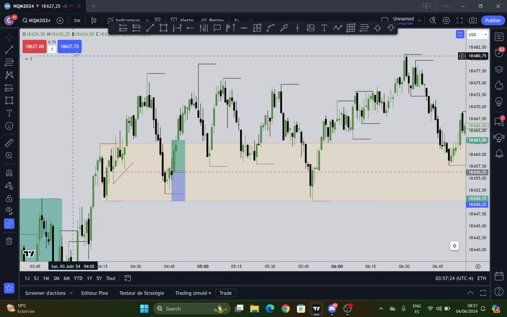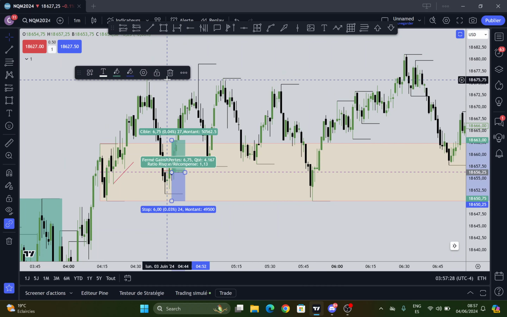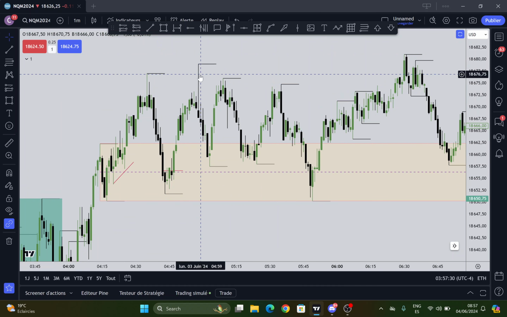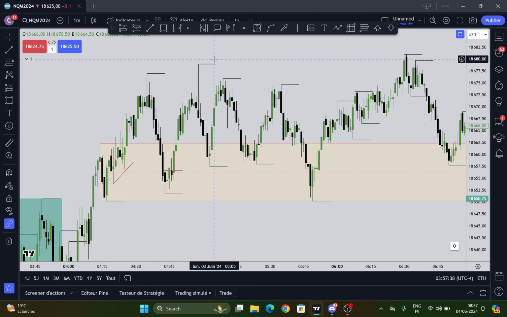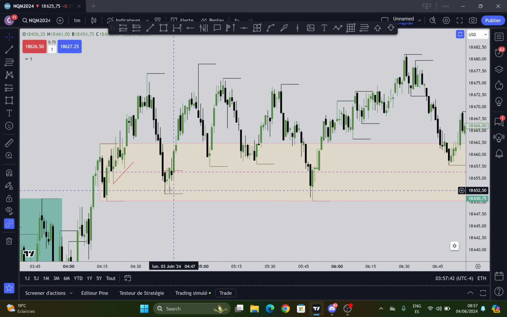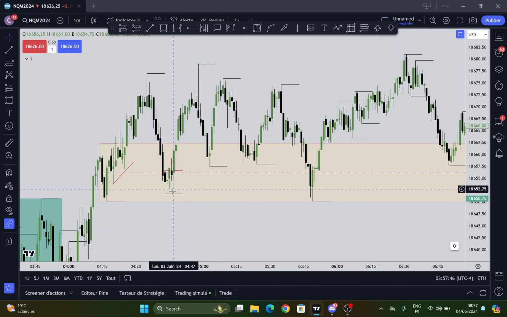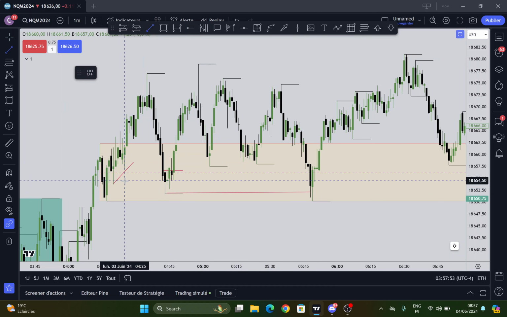So here we swept the high of the range, and we CSS, right? So by design, the target is the low that created this, and sometimes also this, right?